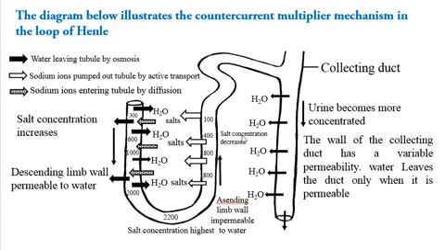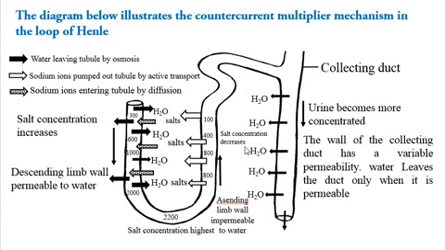Also, the presence of salts and some ions in the medulla causes water to be reabsorbed by osmosis, because in this region, the medulla, there is a lot of ions. Therefore, water is selectively reabsorbed. Therefore, by the time urine moves out of the collecting duct into the pelvis and also the ureter, it is highly concentrated.